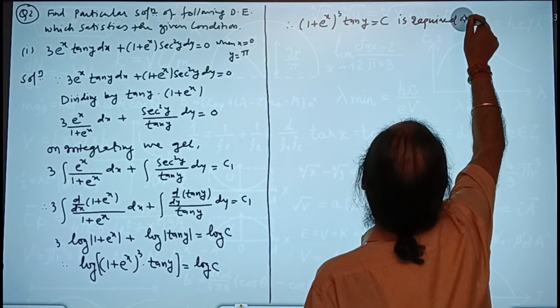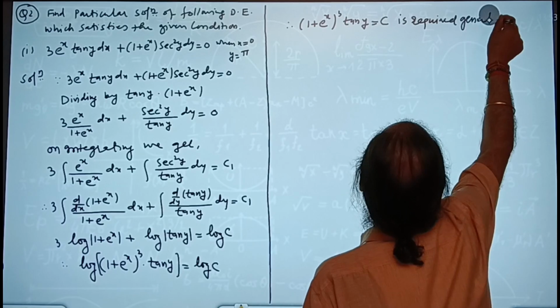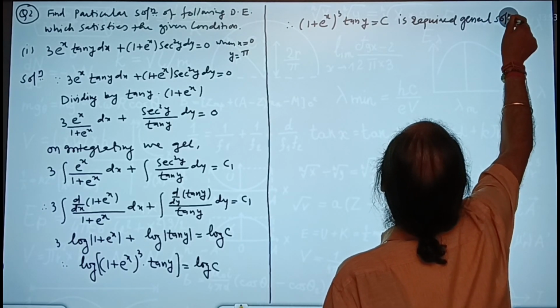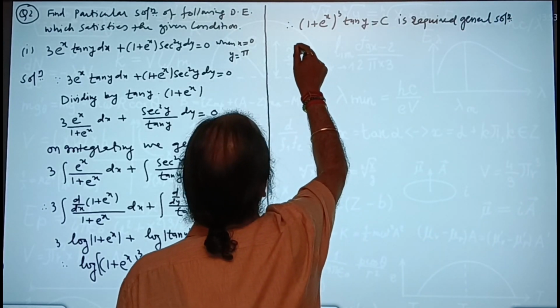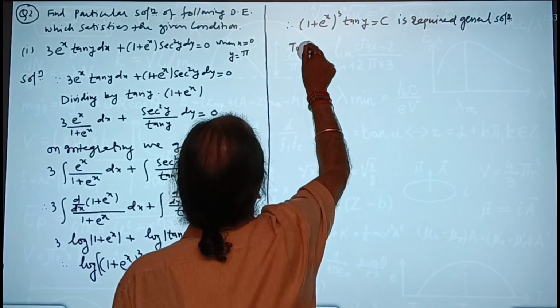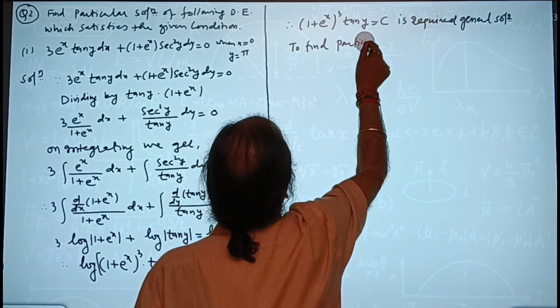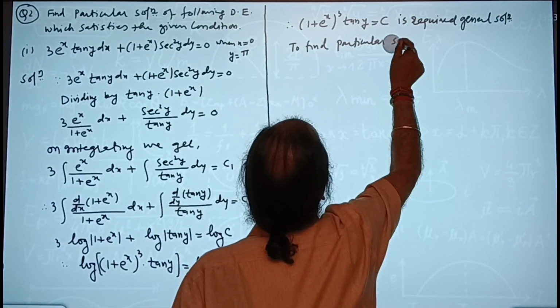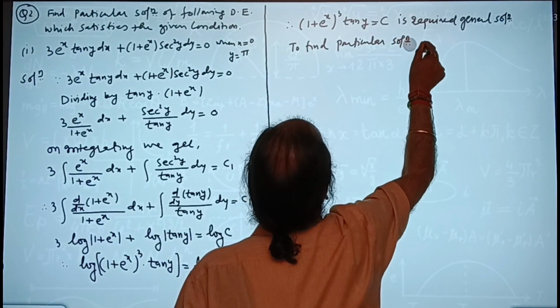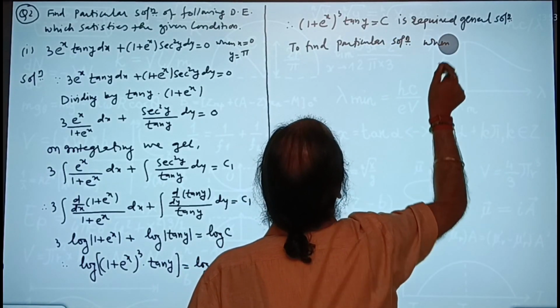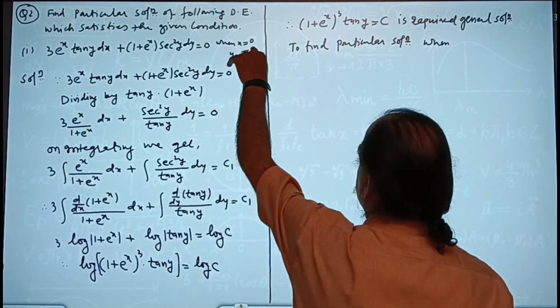General solution. To find particular solution, when x is 0, y is pi.